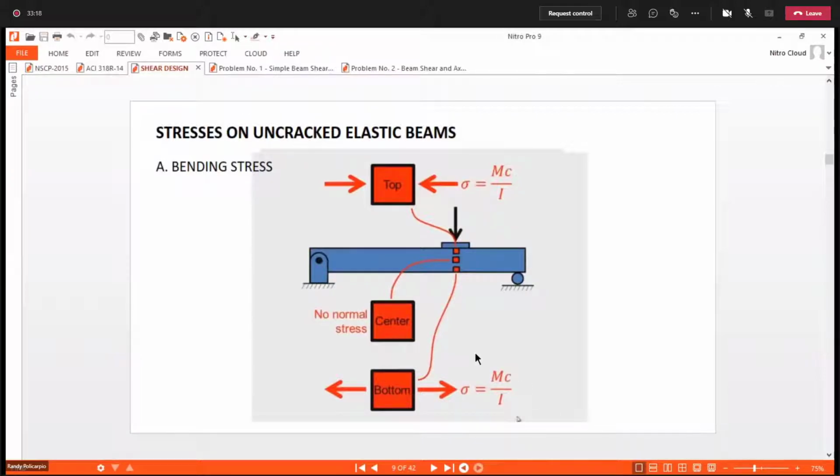Again, using the flexure formula, we have MC over I. Here, C will be the distance from the extreme tension fiber up to the neutral axis, divided by the moment of inertia with respect to the neutral axis. So that is about the determination of the stresses on a beam when it is subjected to a load. That is our bending stress.